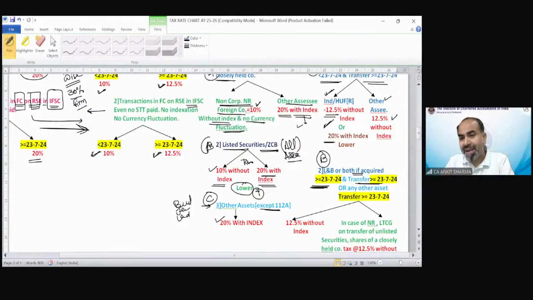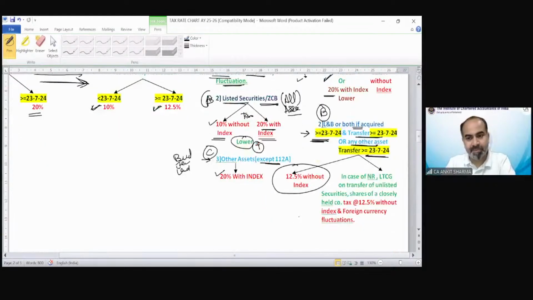So for land and building purchased on or after 23rd of July and transferred on or after 23rd of July, or any other asset except land and building, whether jewelry, gold, shares, whatever it is, if transferred on or after 23rd of July, the rate would be the same for this category: 12.5% without index.